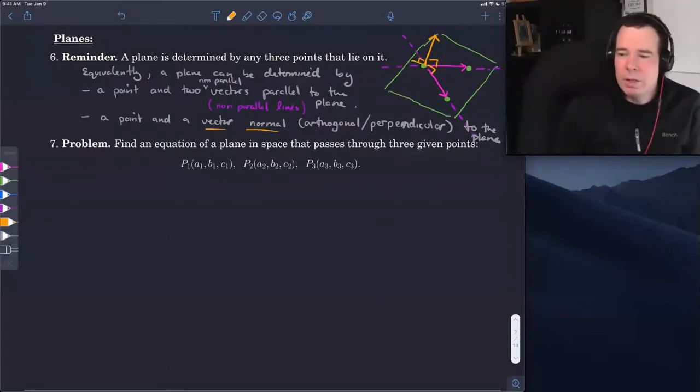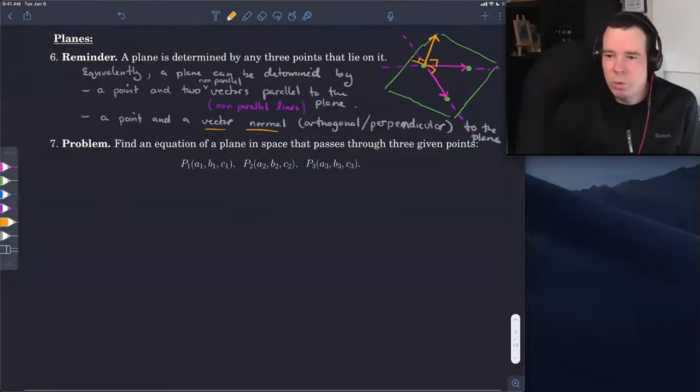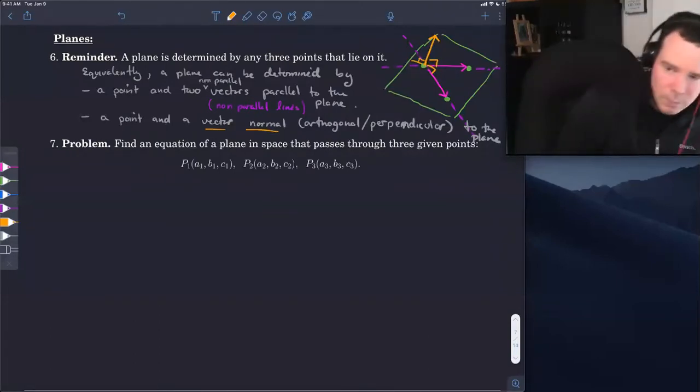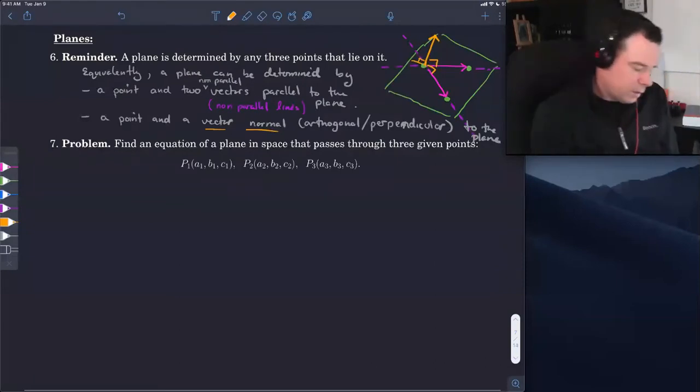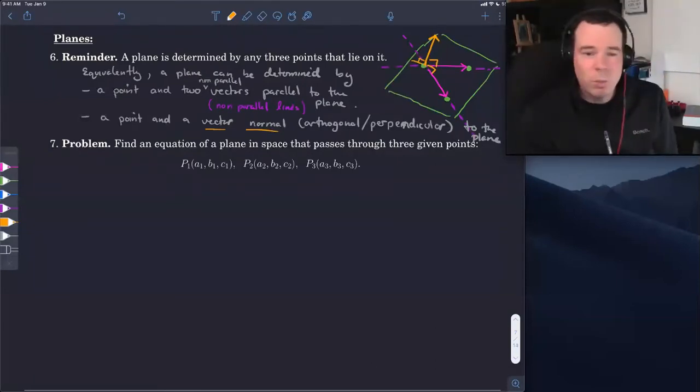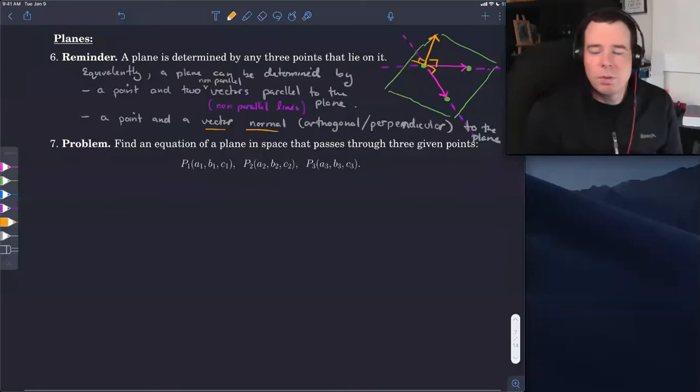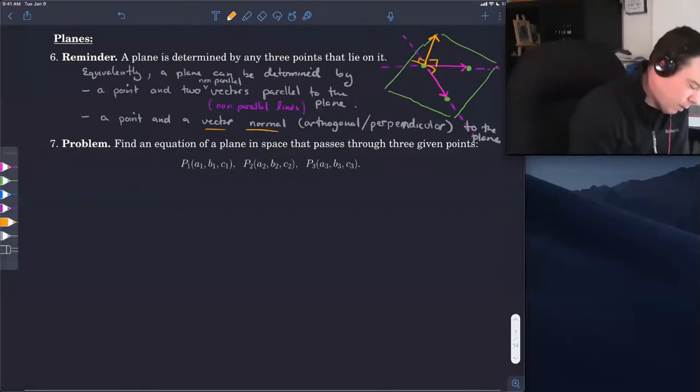So these are all three ways we can describe a plane. We could use 3 points. We could use a point and two vectors parallel to the plane, or a point and a single vector that's perpendicular to the plane. So let's pretend for the moment that we're given 3 points, P1, P2, P3. And we'd like to find an equation of the plane that contains the three points.